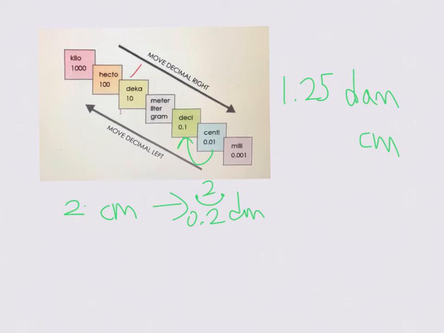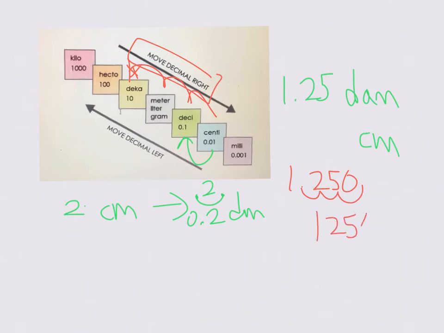Start off here at decameters. I'm going to go down 1, 2, 3 jumps, but I'm moving the decimal point to the right. So 1.25, move to the right. I'm going to have to add an extra 0. 1, 2, 3 jumps. So there's 1,250 centimeters in 1.25 decameters.